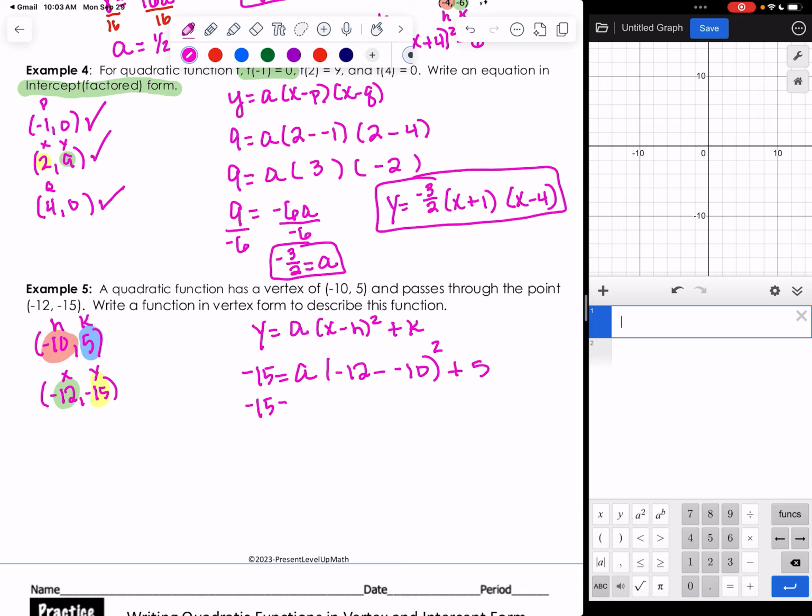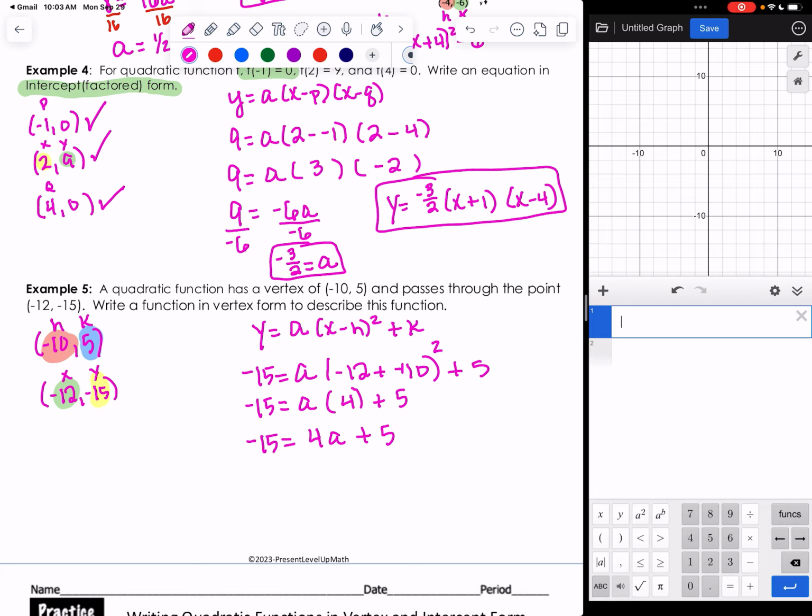All right, so now let's simplify this a little bit. -15 is equal to a times parenthesis. Now, -12 minus -10 is the same thing as -12 plus 10, which would be -2. And -2 squared is +4. Plus 5. All right, let's simplify this a little bit more so it makes it easier to solve. a times 4 is 4a plus 5.